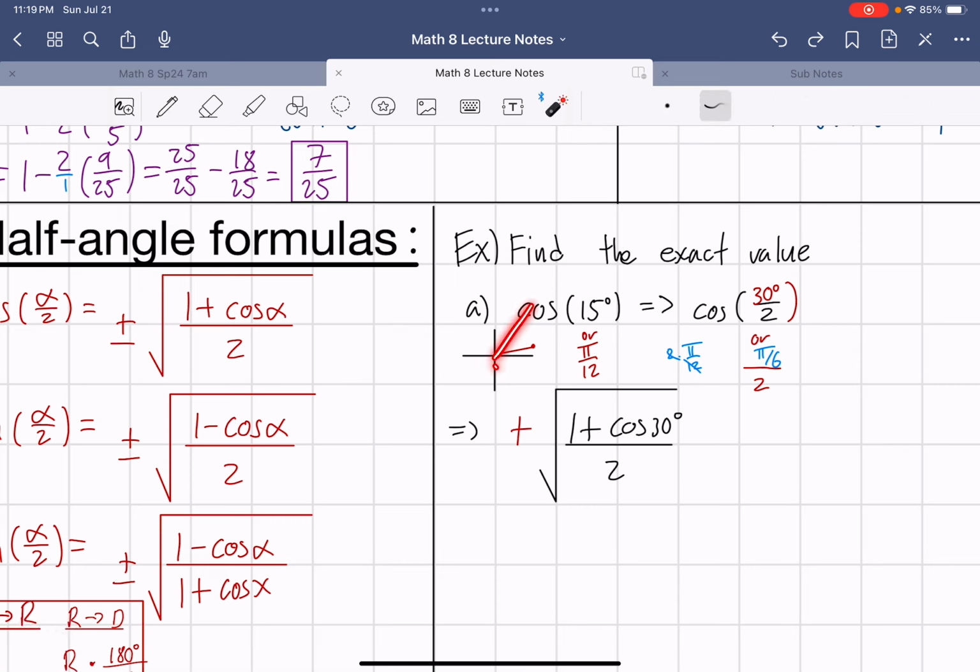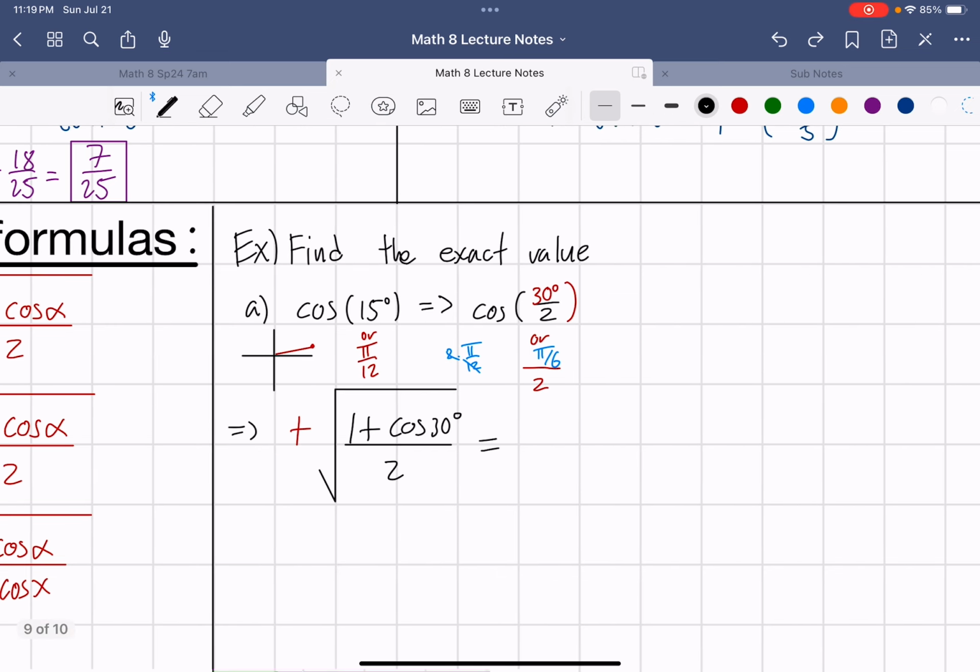We go 1, 2, 3. So we're talking about cosine. 30 degrees is at the 3's. When I say 3, that means square root of 3 over 2. So that's going to look like 1 plus square root of 3 over 2 all over 2.